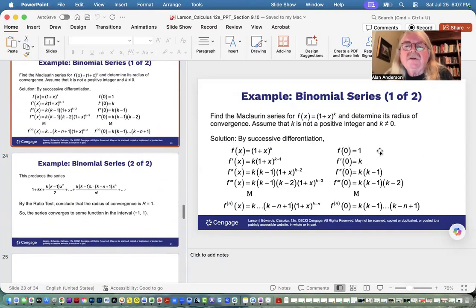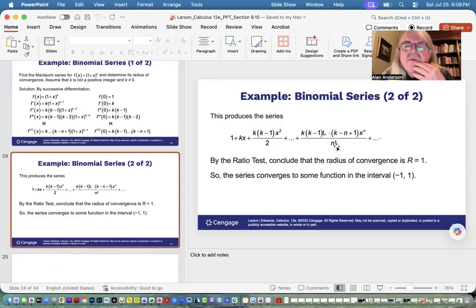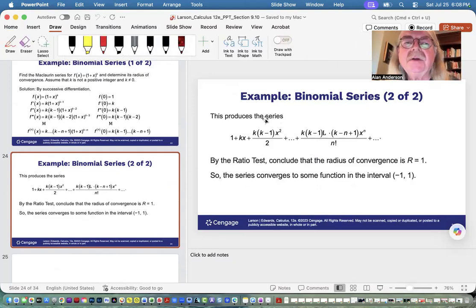Okay. A binomial series is a special case of what we were just doing, where we have 1 plus x to the k. So we're going to use a Maclaurin series on this. And you can see it's getting to be kind of a mess. By the way, this is a typo here.